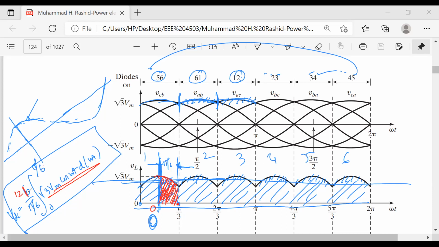What if we don't change the origin and take it from 0 to pi by 3? Is it possible, and multiplied by? Yes, 12. You can start from here, no problem. But you have to see the zero crossing. You have to start with the zero crossing, right? So we don't have the zero crossing here. Rather, we can start from here, because we know that this is the peak value.